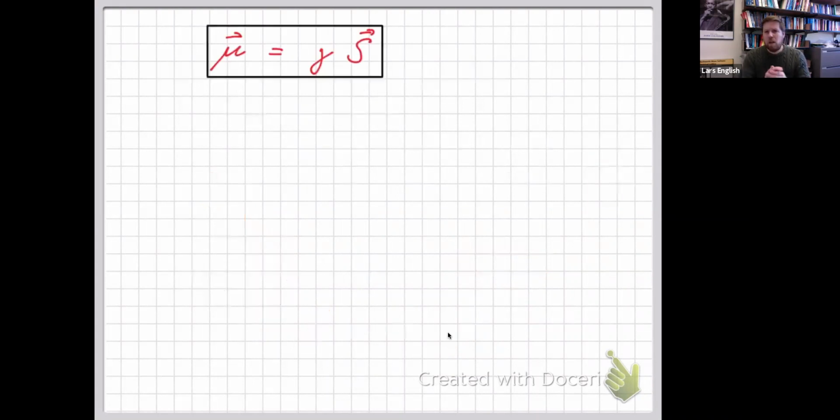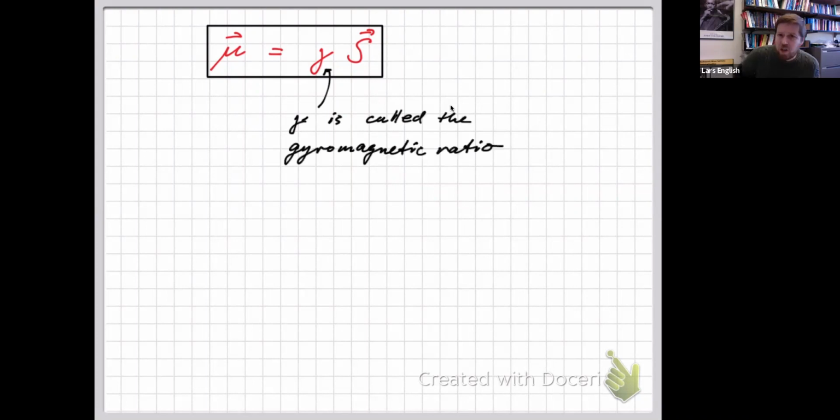We can go a step further and try to quantify, capture that relationship. It's clear that the two should be proportional to one another. If I don't have a spin, I shouldn't get a magnetic moment because I don't have current in a loop then. And so classically speaking, we'd say that the two are proportional to one another, and we can define a constant of proportionality, which we will call aptly the gyromagnetic ratio.